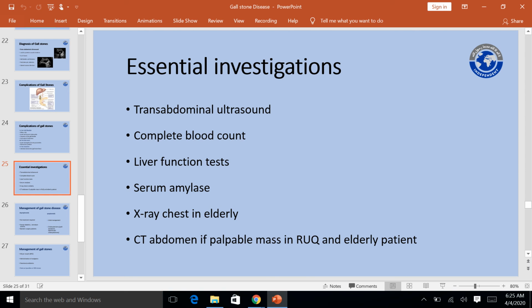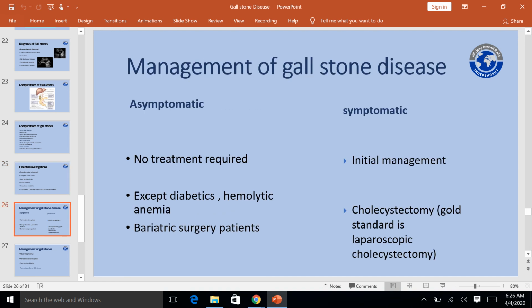Investigations in elderly patients are to rule out other pathologies which can present as right upper quadrant pain. If not clear, CT scan abdomen can be done if there is a palpable mass in the right upper quadrant and the patient is elderly. It is basically to rule out any malignancy.